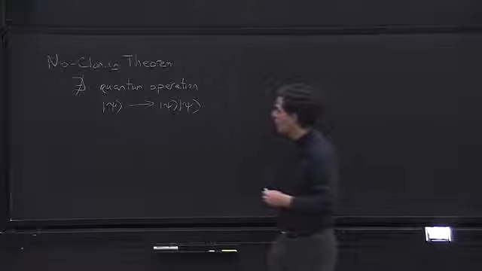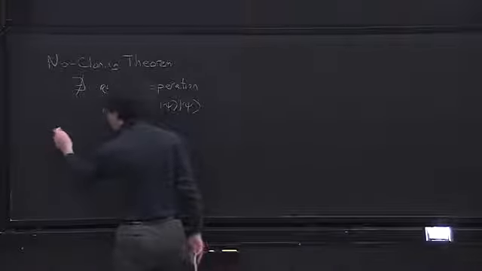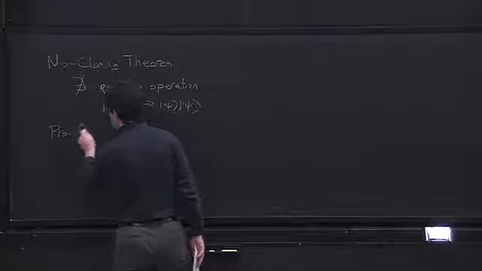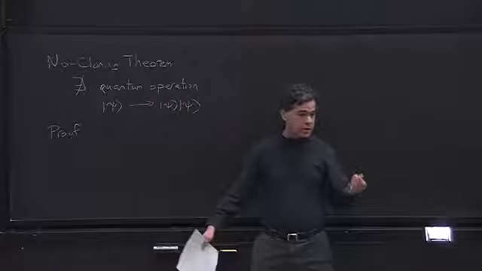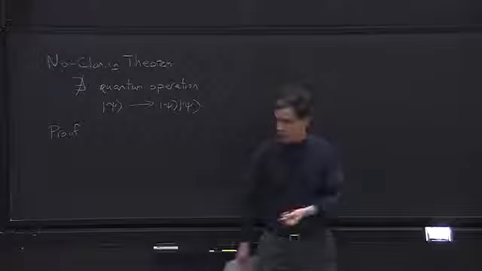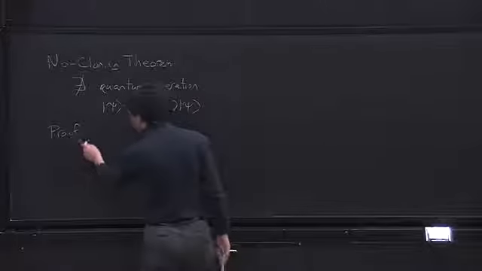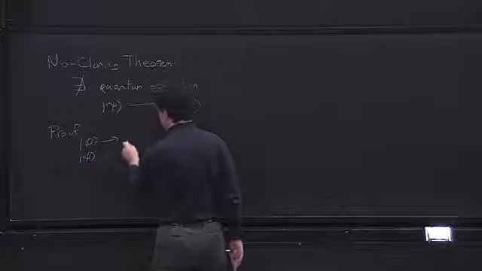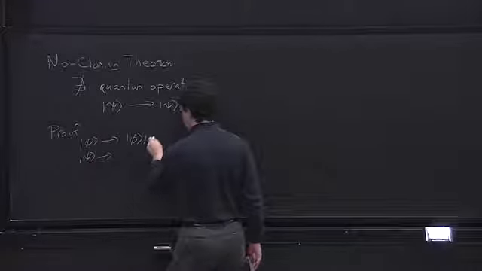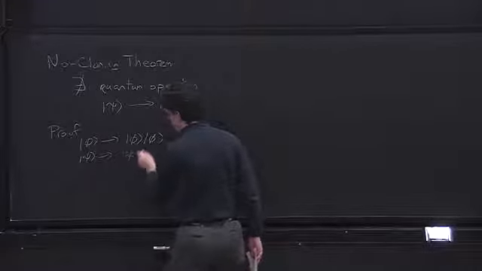Okay? And the proof of this is very easy. Imagine we have some operation which does this. So, proof by contradiction. We have two states, phi and psi. Phi should go to two copies of phi. Psi should go to two copies of psi.